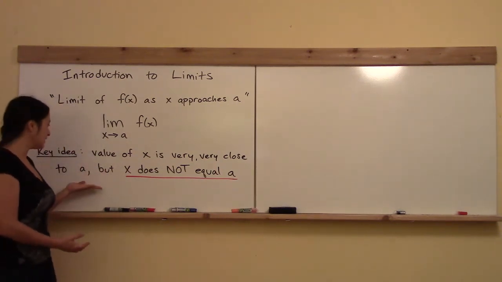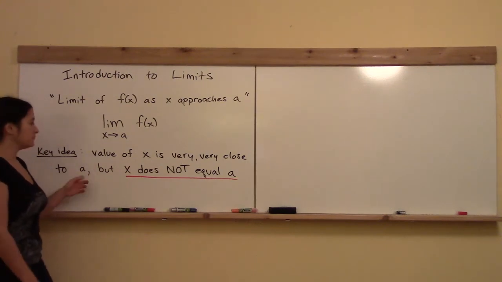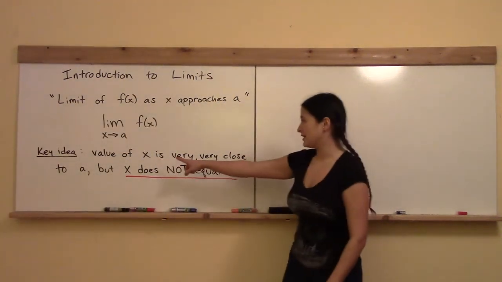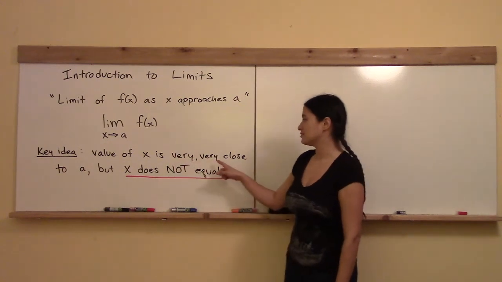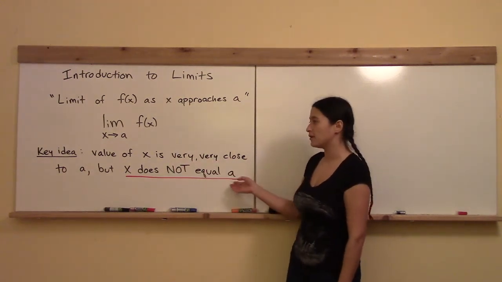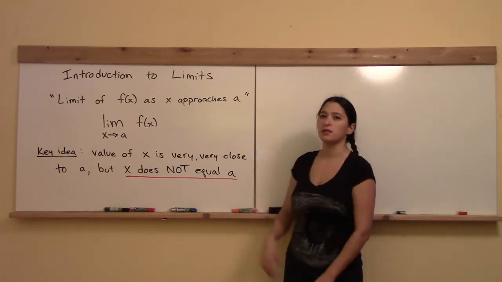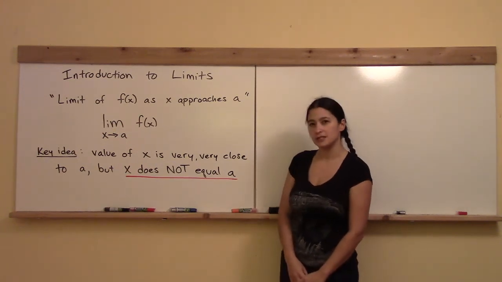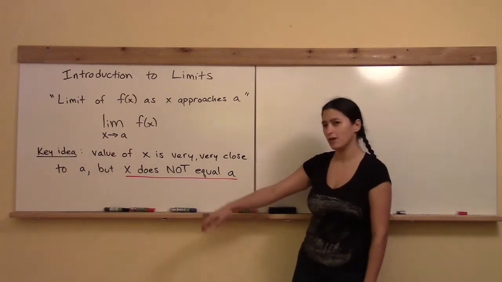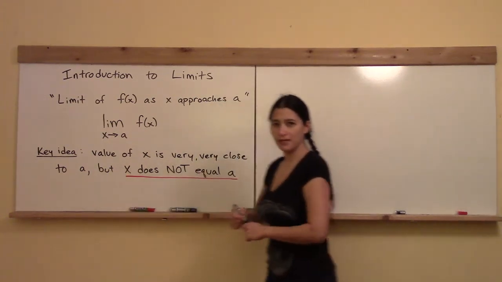The key idea that we're going to learn here in limits is that the value of x is very, very close to that number a, but x does not exactly equal a when we are taking the limit as x approaches a. That's the key. I've underlined it in red here, and I'll show you what I mean by an example.